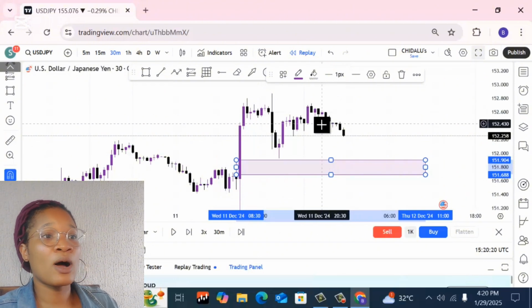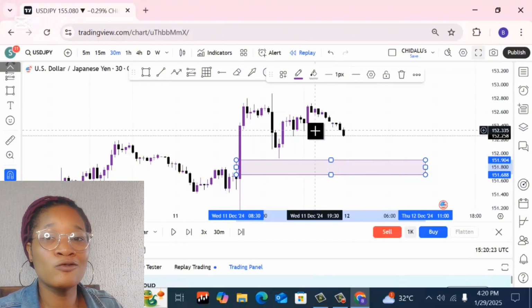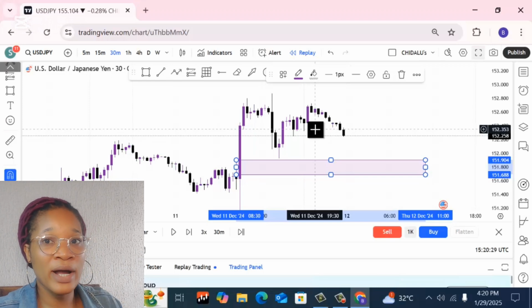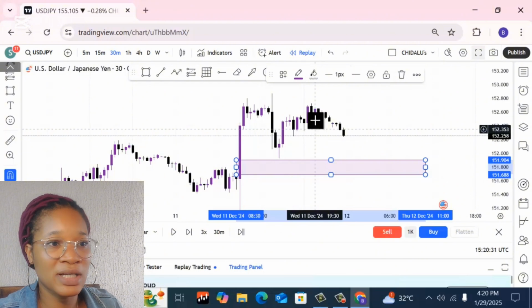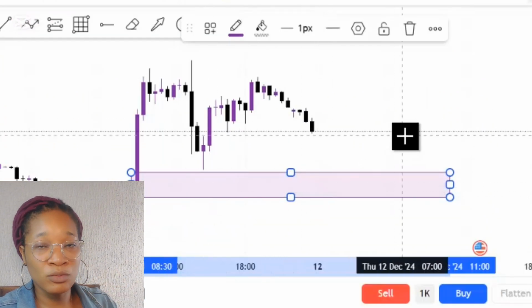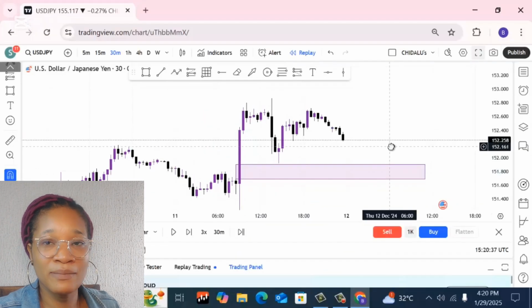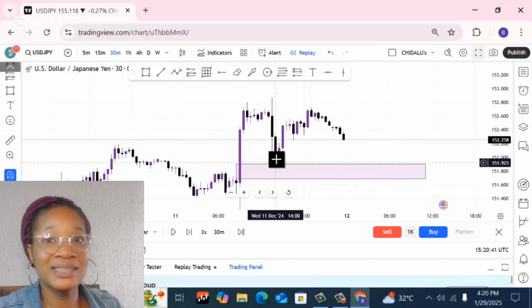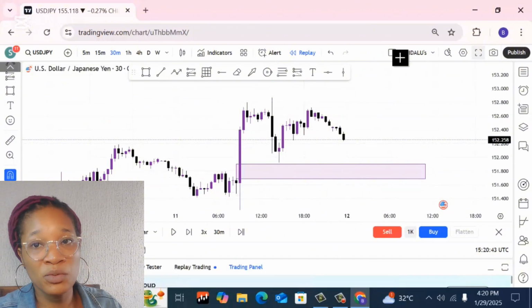But the way I would be taking this trade is that I will wait for price to get comfortably into at least my 50% retracement zone. Anywhere below the start of this rectangle, I would be able to take my trade. I'll be confident to take my trade from there. Okay, so there's a tendency for price to just come here and just keep moving, right?